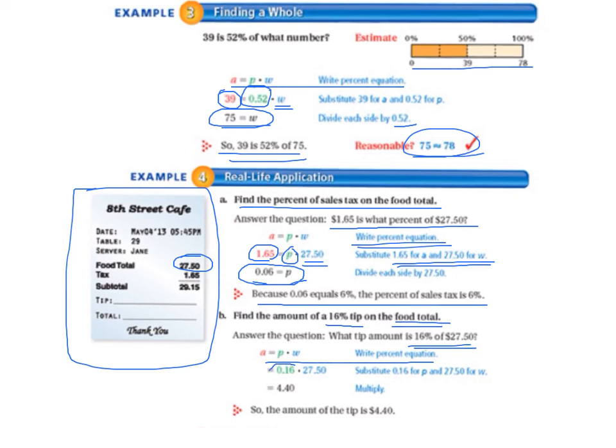We know the percent, it's 16% written as a decimal, and we know the whole, we don't know the part, so we don't know how much money to leave. So we substitute 0.16 for P, and $27.50 for W, and we multiply, and we get $4.40. So the amount of tip is $4.40.